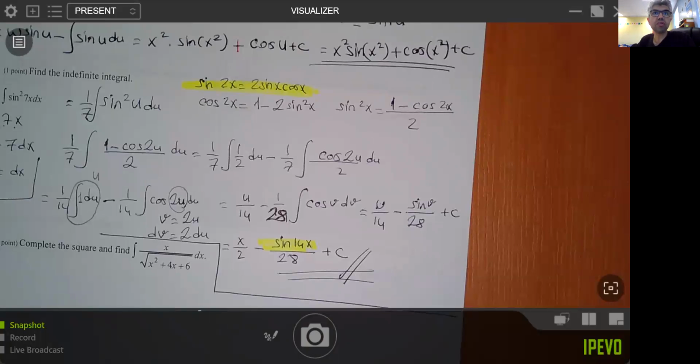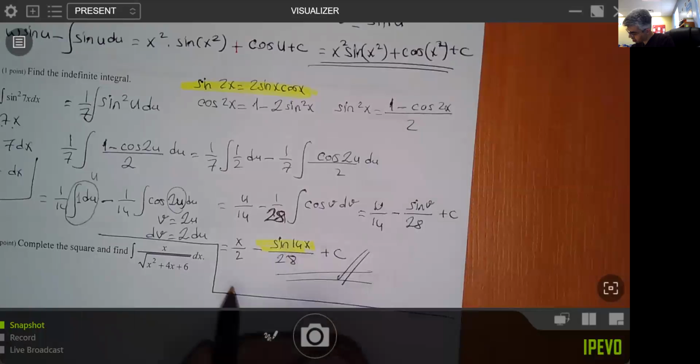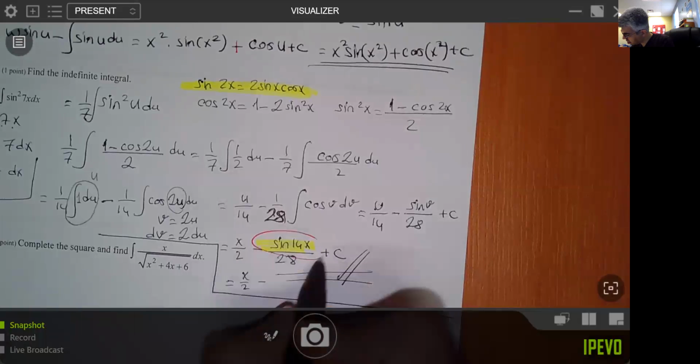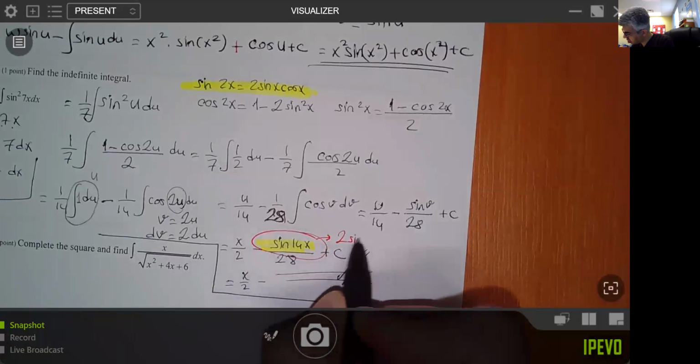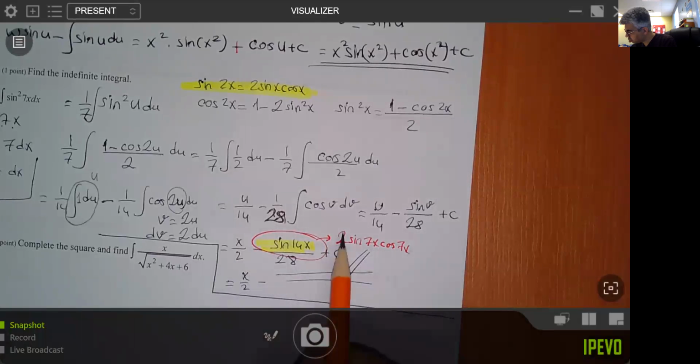There's a question, wouldn't it be 1 over 14 times, which would make it be 1 over 7? Okay. So we will have, guys, x over 2 minus, from here, so I write it here. This one is 2 sine 7x cosine 7x. And I simplify this 2 and 28.